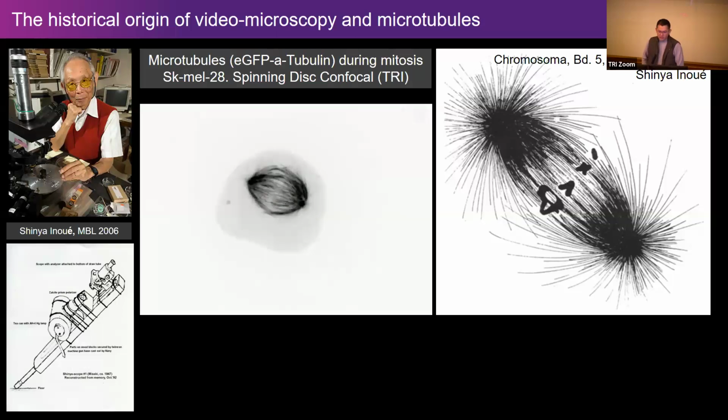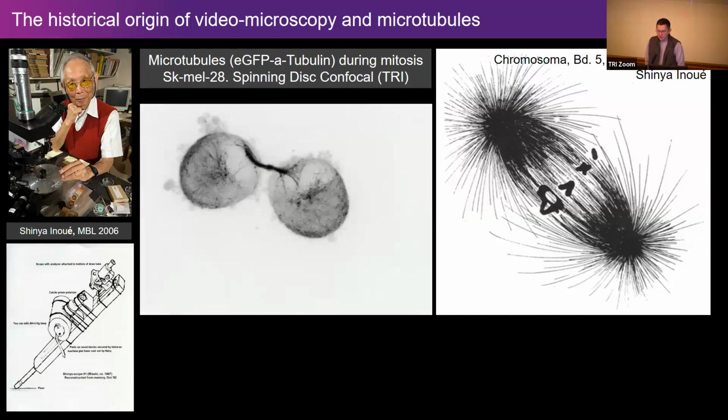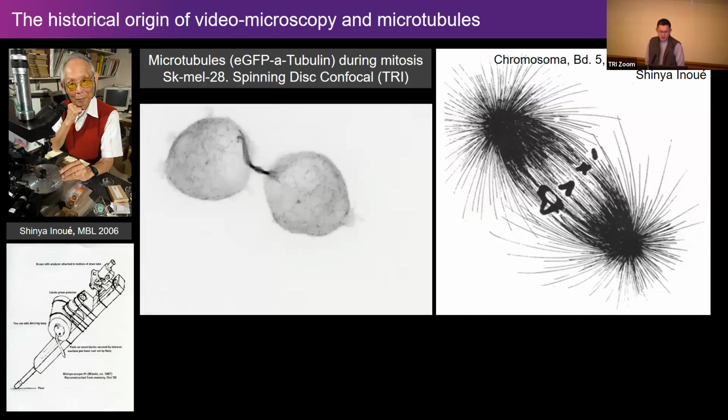And we have more advanced techniques to image microtubules now, as you can see here in this melanoma cell with endogenously tagged microtubules with enhanced green fluorescent protein as it undergoes cell division.